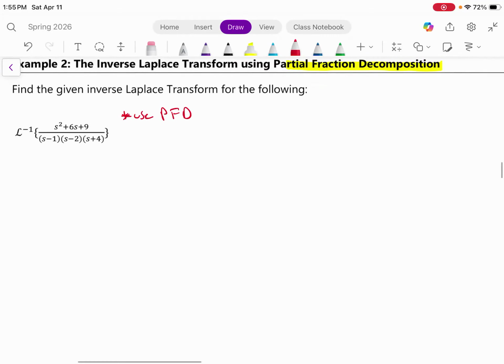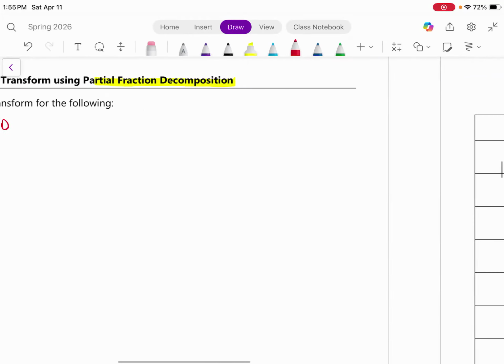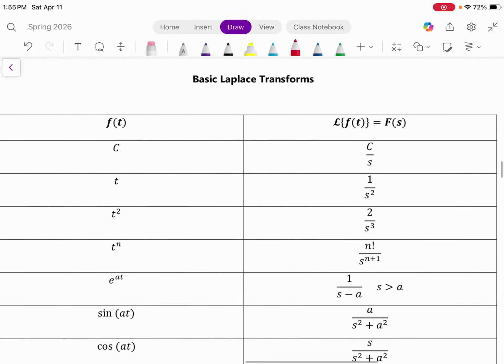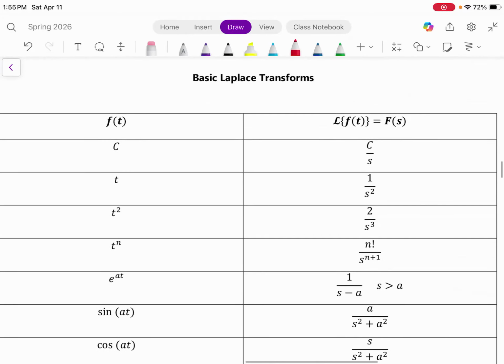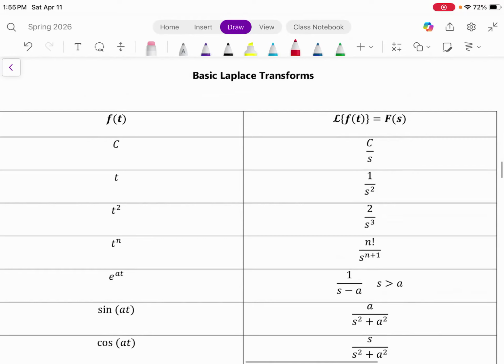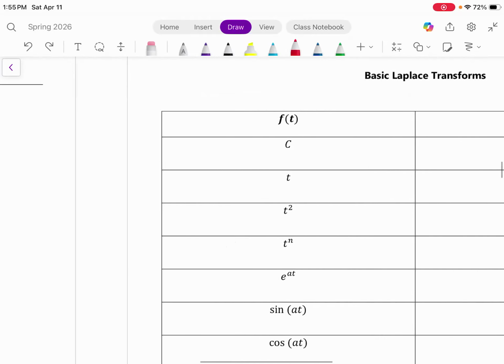When you do these problems, it's always good to have a table near you to help you recognize some Laplace transforms and revert them back into functions of t, in case you don't know them off the top of your head. So let's get started on this problem.